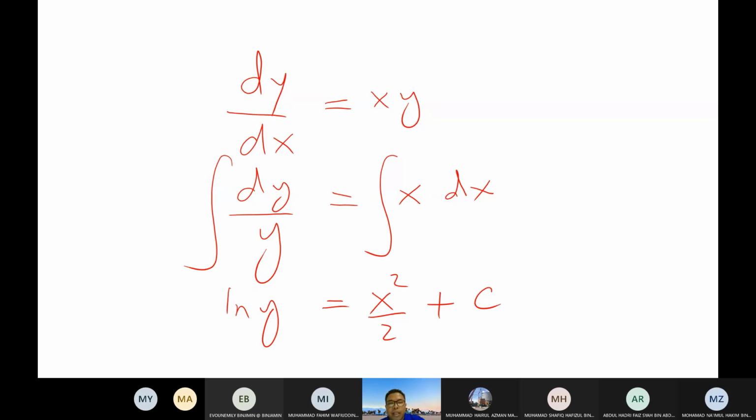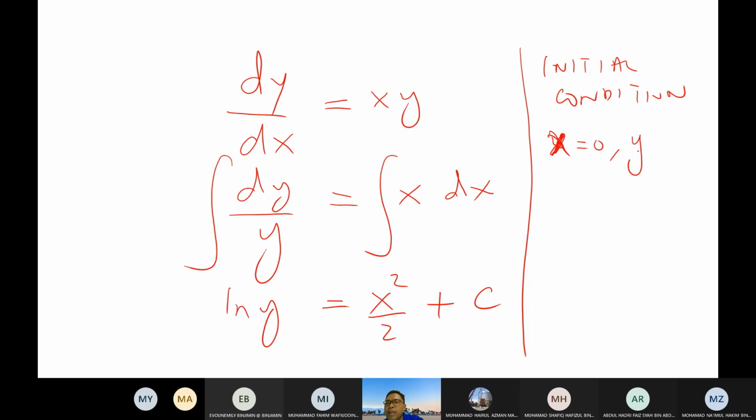Okay, and let's say I have the initial condition: when x is equal to 0, y is equal to 1.